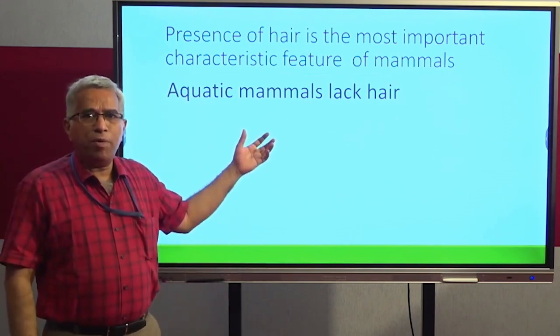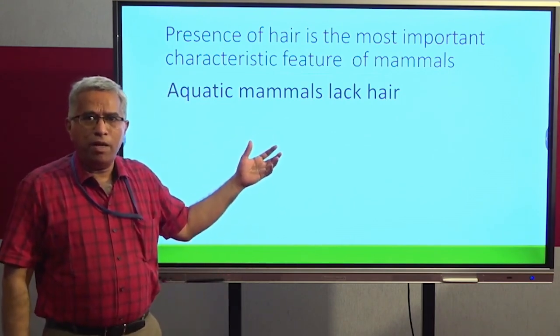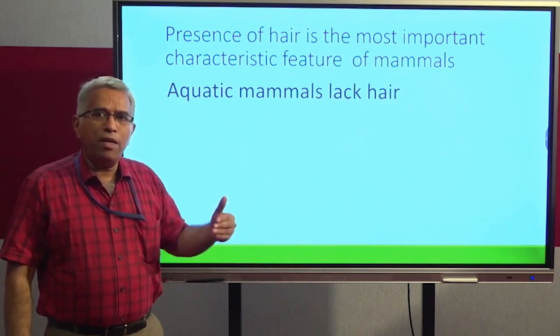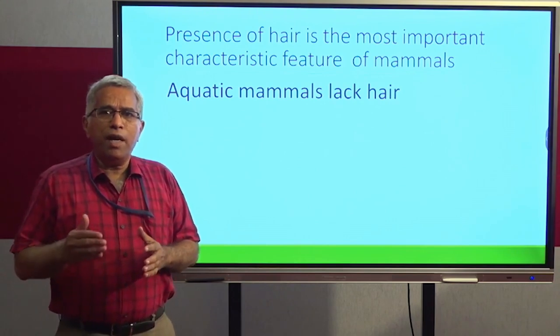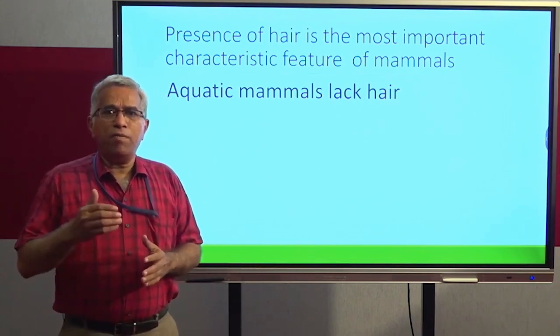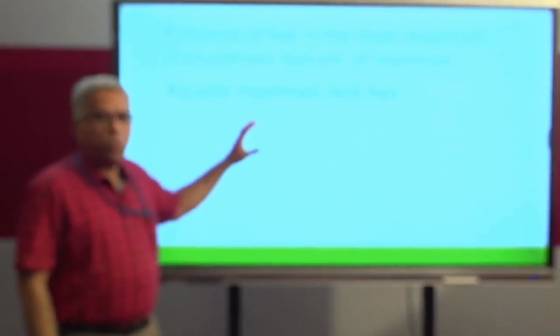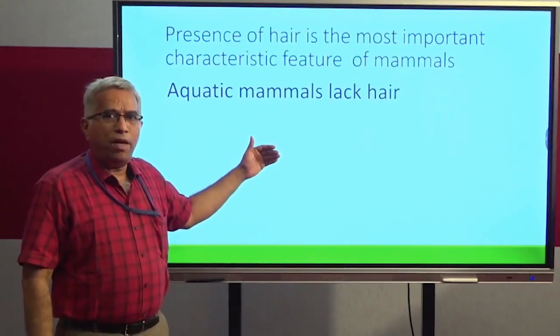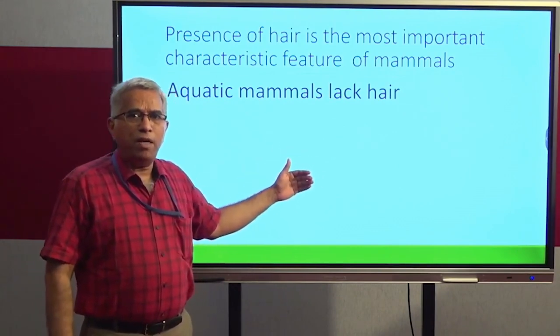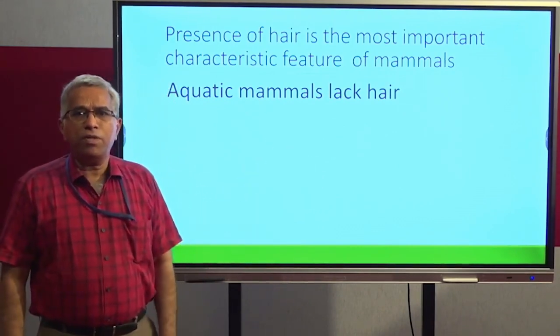The blue whale, the biggest mammal, doesn't have hair, but it will have hair in the embryonic condition. That means during developmental conditions, at some point in the life cycle, it will contain hair. So presence of hair at any point of the life cycle is the most important characteristic feature of mammals.